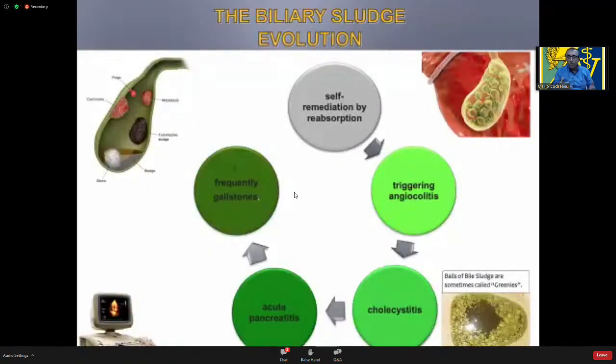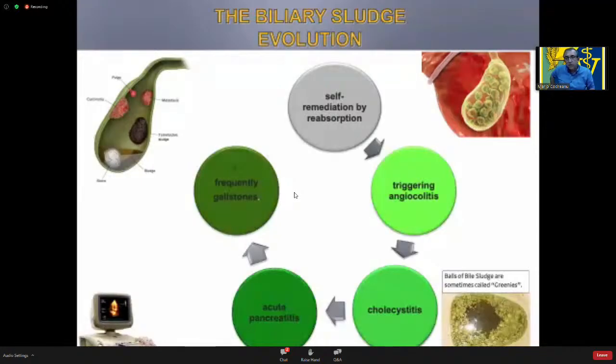Let's see now in a few words the biliary sludge evolution, because I told you in very many cases, in normal patients who come for a screening ultrasound, or in case of a general examination of the abdomen using ultrasound, it has no clinical or obvious significance.